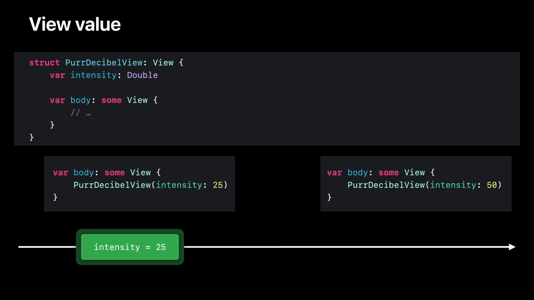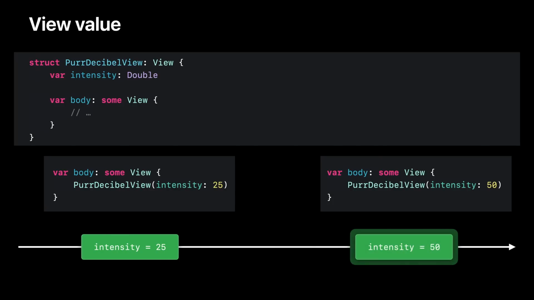Body is invoked again with a higher intensity, and a new value for this view is created. These are two distinct values created from the same view definition. SwiftUI will keep around a copy of the value to perform a comparison and know if the view has changed. But after that, the value is destroyed.